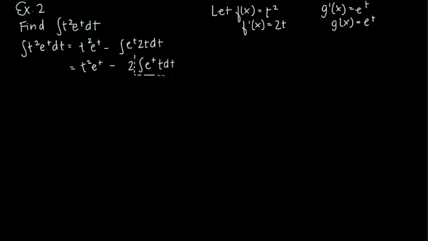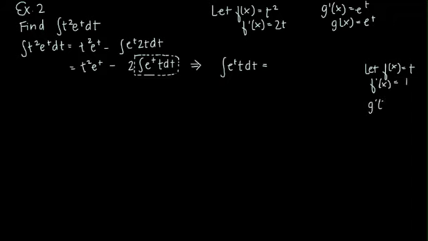And we now take this next integral, and we can't solve this using reverse chain rule or u substitution, so we're going to use integration by parts on this integral as well. So now we're trying to find the integral of e to the t times t dt. So we're going to let f of x equal t, f prime of x equal 1, g prime of x equal e to the t, and g of x is also going to equal e to the t.